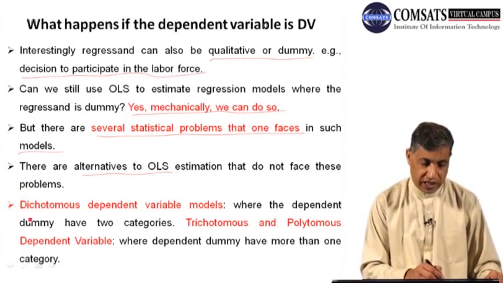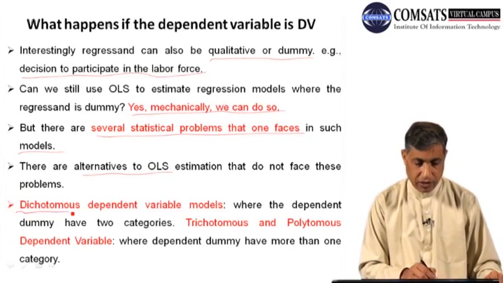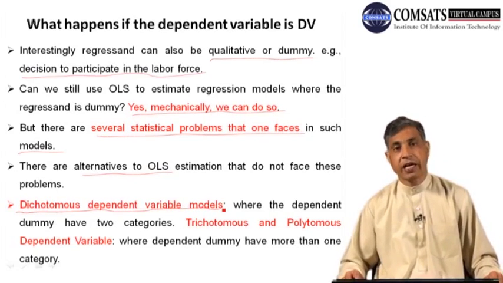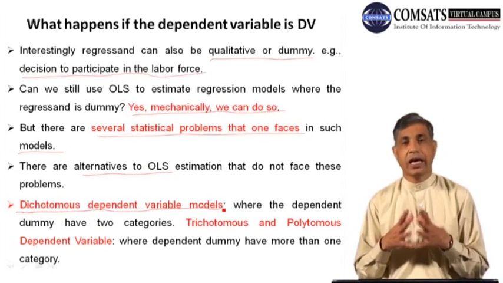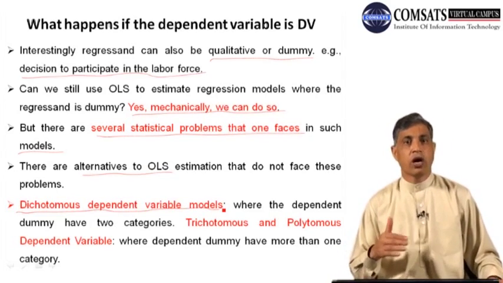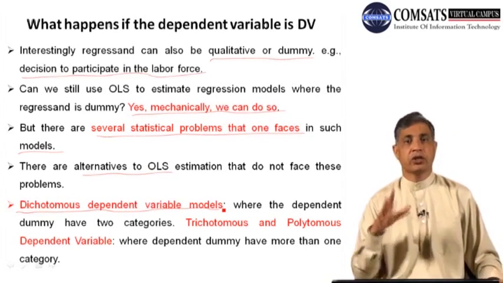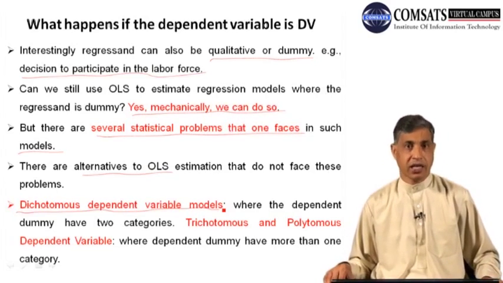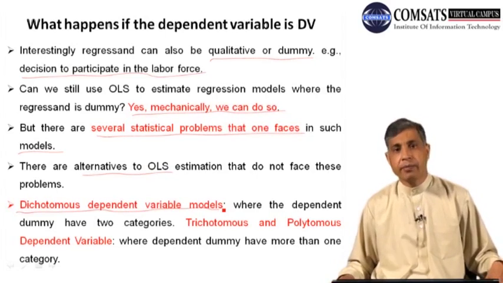Before going further, I would like to give some terminology: the dichotomous dependent variable. Dichotomous means that our dependent variable has only two categories, yes or no, presence or absence, and so on. This is called the binary variable as well as the dichotomous variable. There are a number of examples.